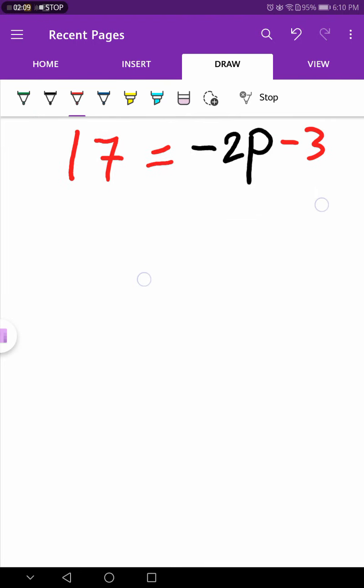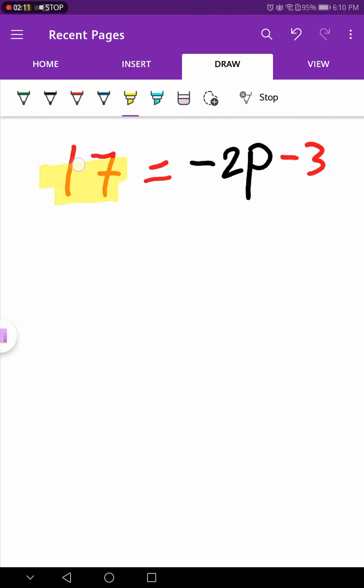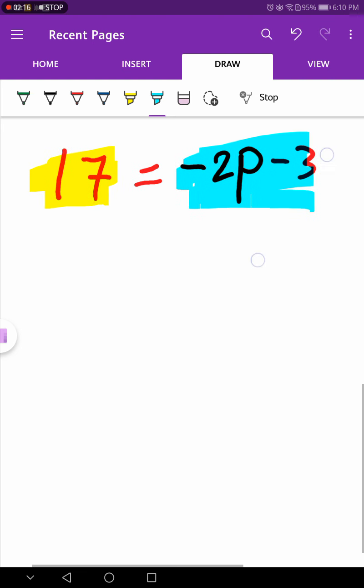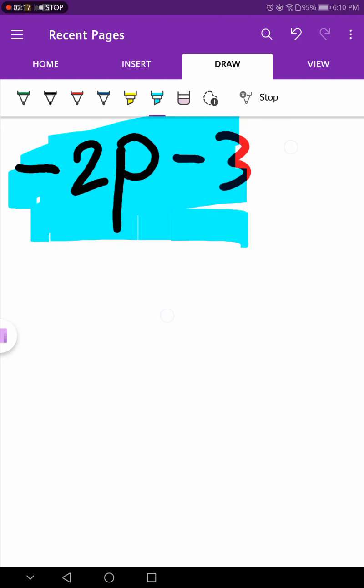Now I have left and right, and my main objective is to make the P alone here, but the P has company, which is negative 2 and negative 3. Negative 2 is the coefficient of the P, because it is stuck with it, so we leave it for the last step.